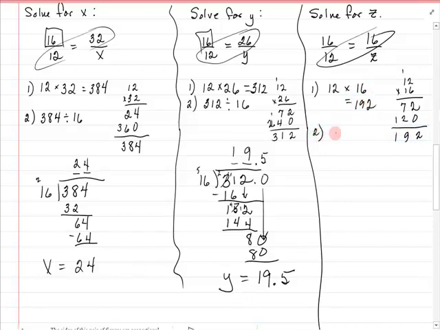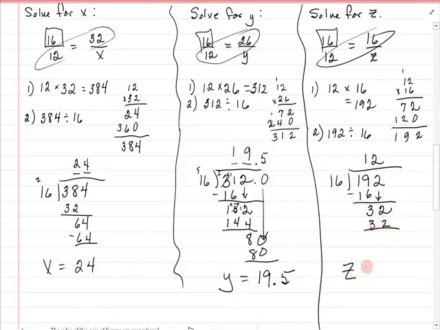Step number 2 is to take 192 and divide it by 16 again. It's going to go in there 1 time. 1 times 16 is 16. Subtract and bring down the 2. And that turns out to go in 2 times. Stop right there. So z is 12.